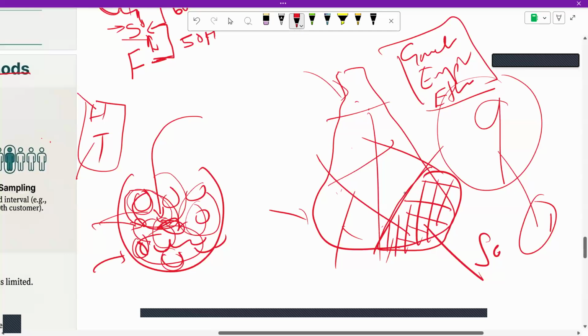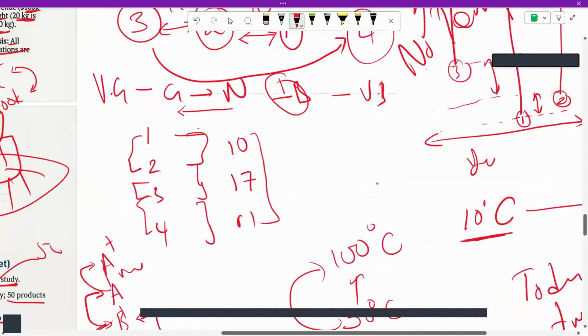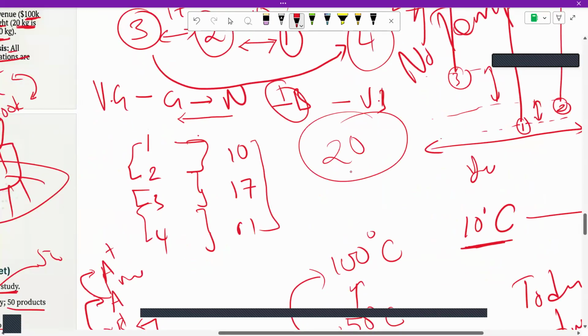Likewise, in the faculty, we have to select 20 students.